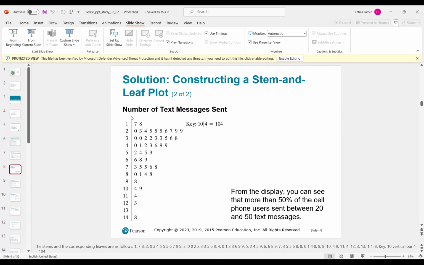Once the chart is complete, you see more density at the top of the chart than at the bottom. From the display, you can see that more than 50% of the cell phone users sent between 20 and 50 text messages.